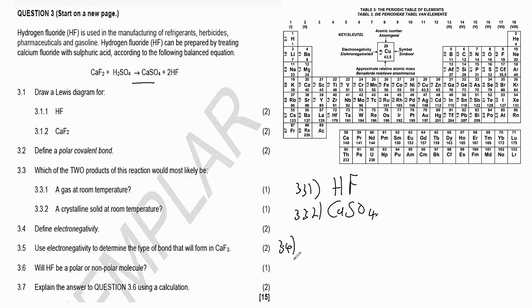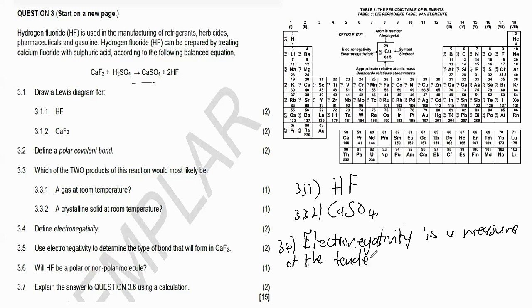And then 3.4 says define the term electronegativity. So how do we define electronegativity? We say electronegativity is a measure of the tendency of an atom in a molecule to attract bonding electrons.